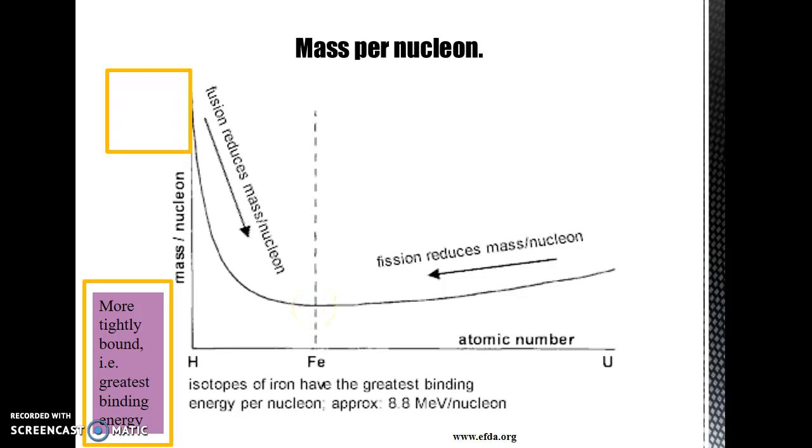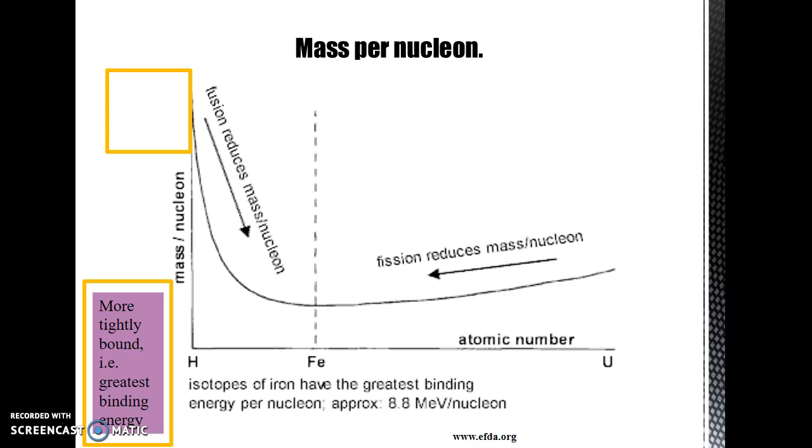A large binding energy per nucleon means that the nucleons themselves have the least amount of energy. So as mass includes energy, remember, the nucleon mass of the nuclei that have a large binding energy per nucleon will be less than the nucleon mass of nuclei that have a lower binding energy per nucleon.